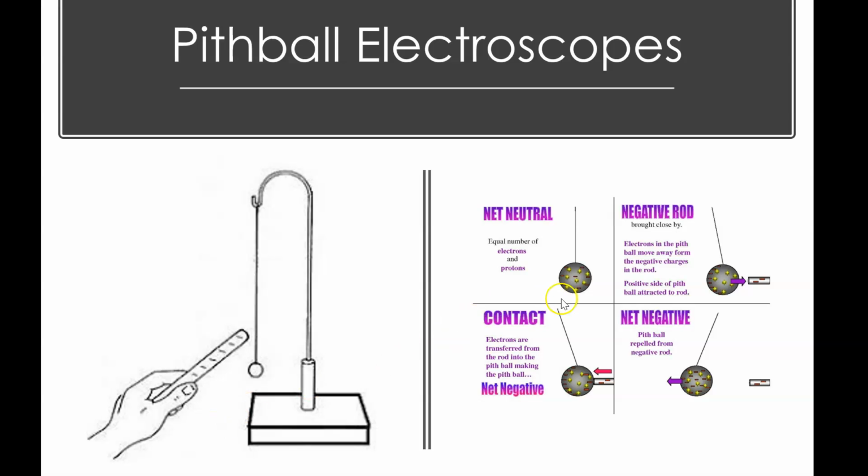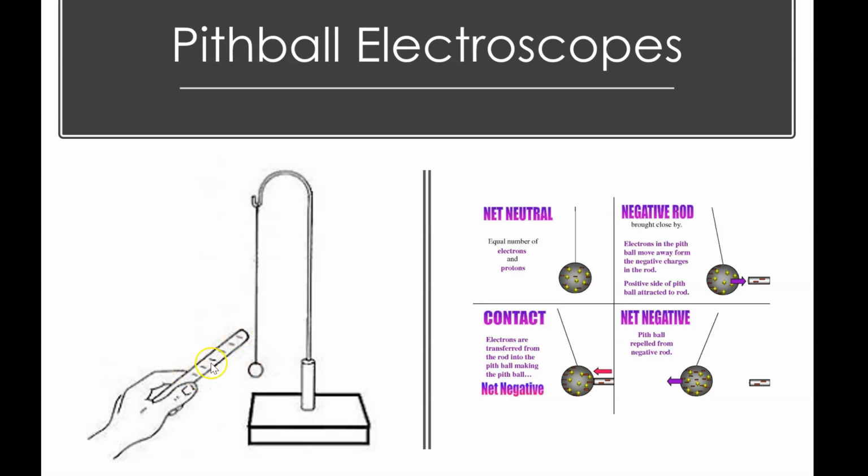And when you have a neutral pith ball electroscope, that ball will just dangle, basically the string will be straight like that, because there's an equal number of positive charges compared with negative charges. Okay, this is what it looks like when it's neutral.